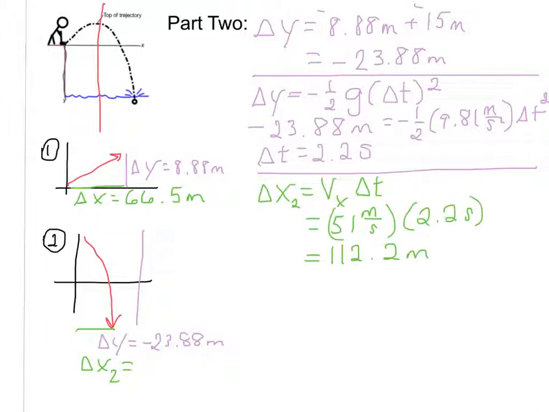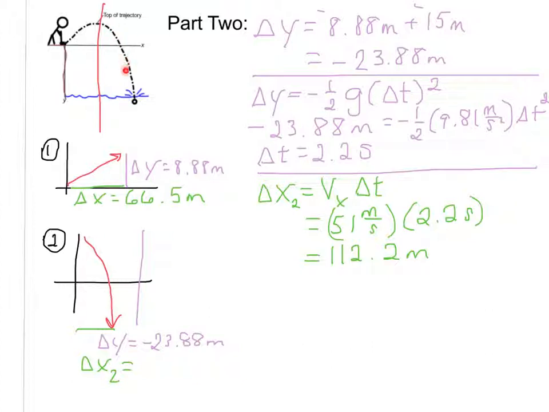I can plug my values in here very simply. Remember my velocity, I still have that 51 meters per second that I'm going horizontally with. That hasn't changed. So that's still my velocity in that horizontal direction. But I get 2.2 seconds to be going that velocity now.